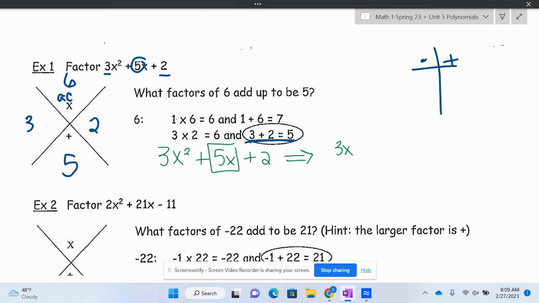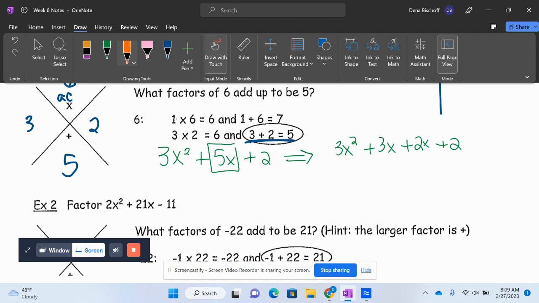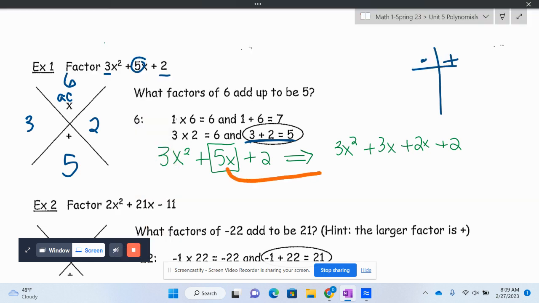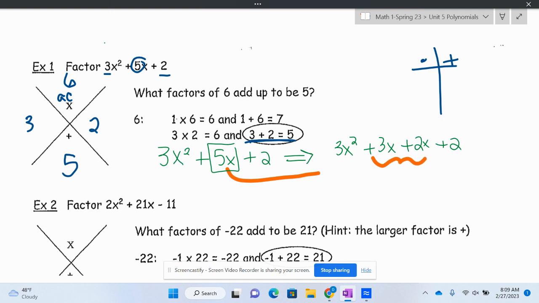So we rewrite it as 3x squared plus 3x plus 2x, and then plus your last digit, which is 2. So I just want to show you what we did. We took the 5x and we turned it into a 3x plus 2x. We didn't really change the problem.